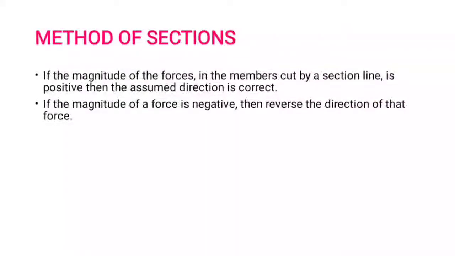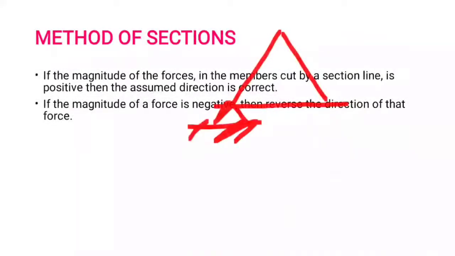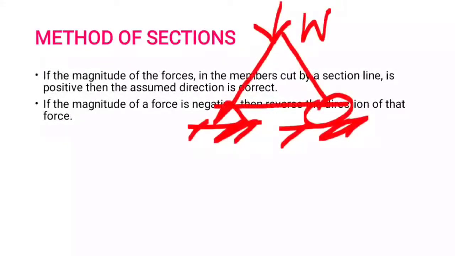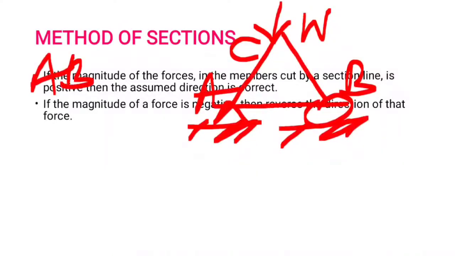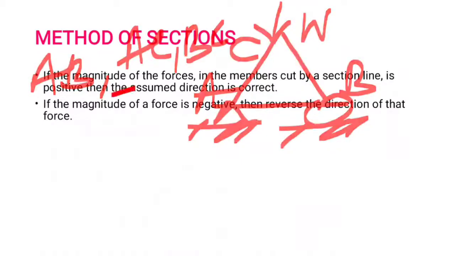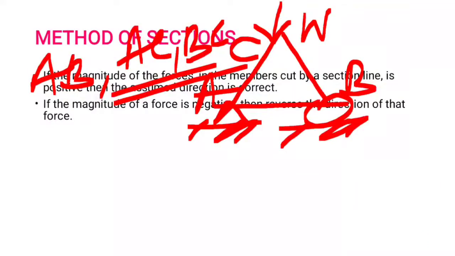Now how to calculate or determine the stress value? For suppose this is my truss, A, B, C. Here the members are AB, AC and BC. There are 3 members.